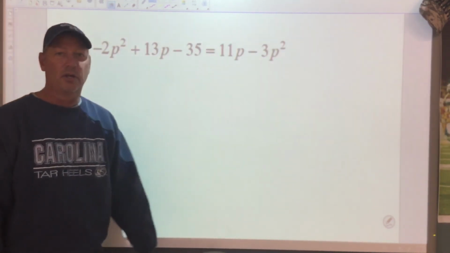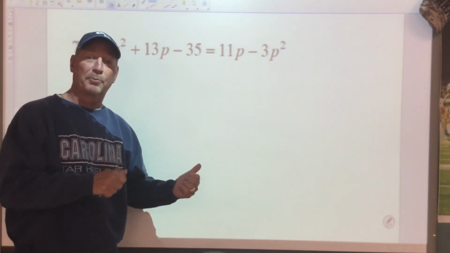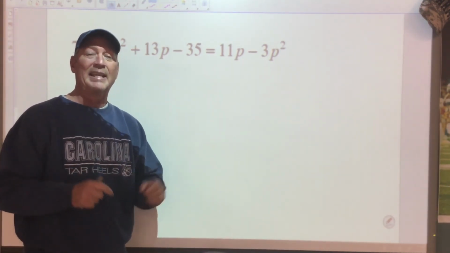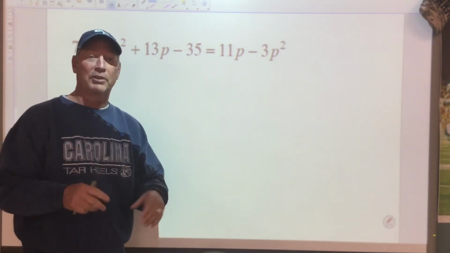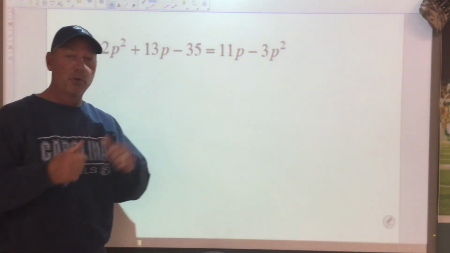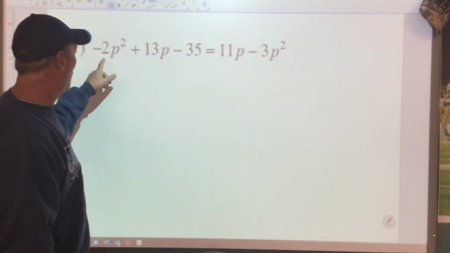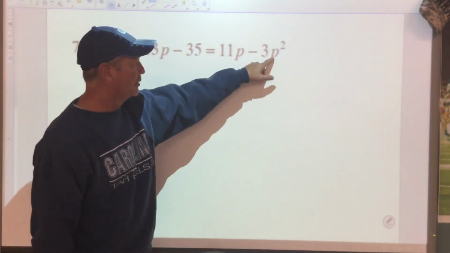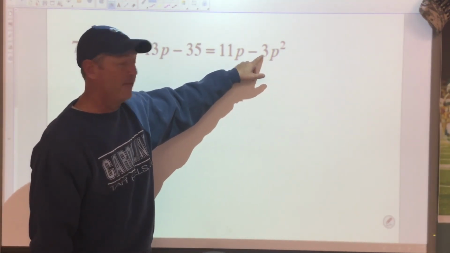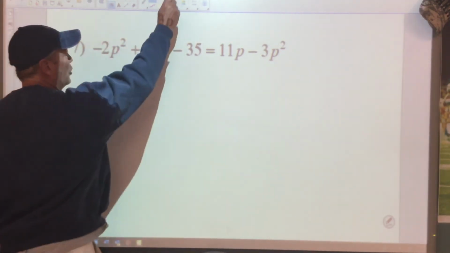Uh-oh, look at all this stuff. Remember what we said on one of those practice problems before we got started. If there's not a 0 in the equation, then we move things to where we get a 0. I want my squared term, my a value, to be positive. So I'm going to move this to the other side.